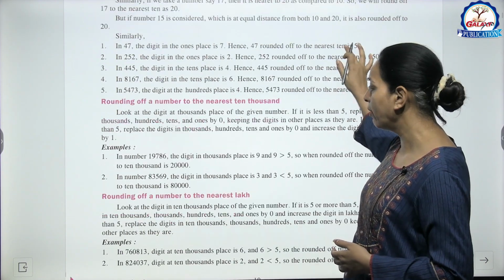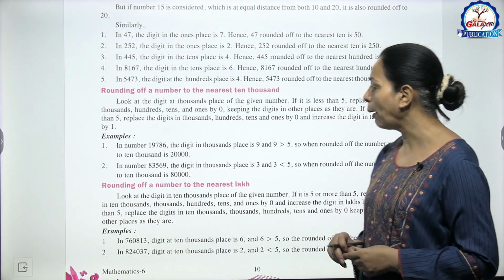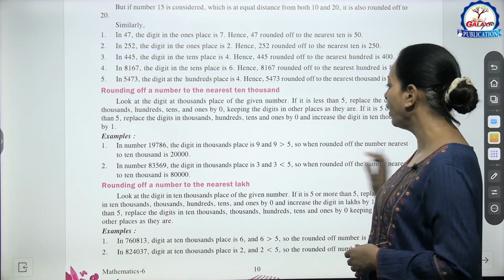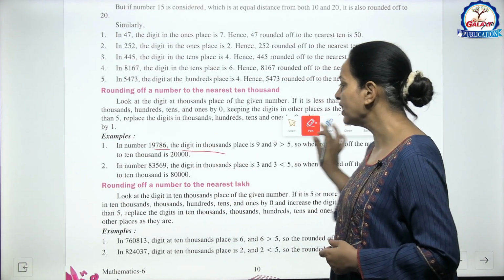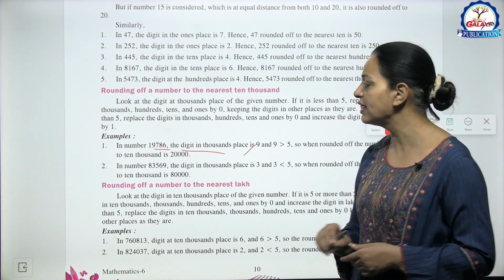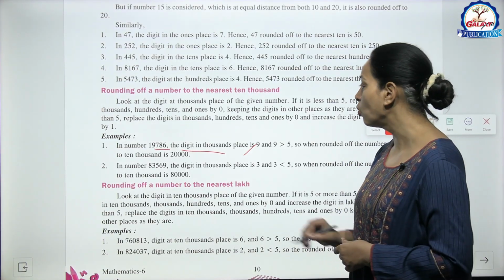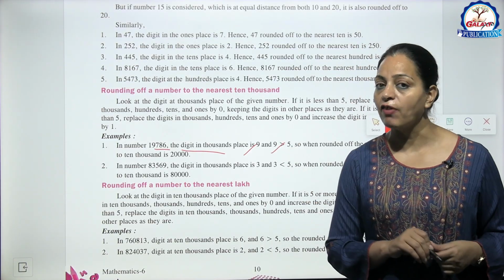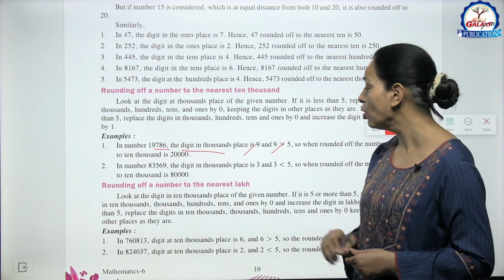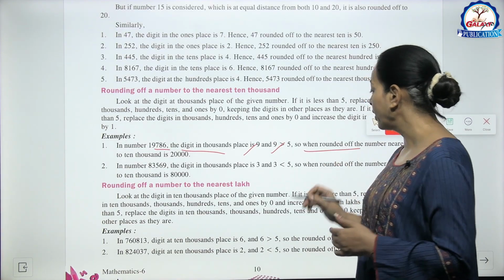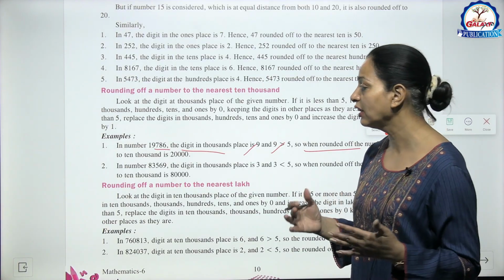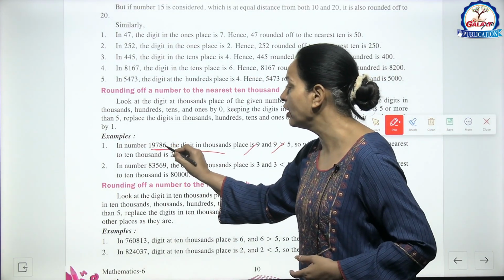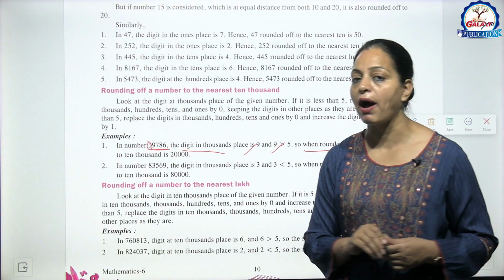So like here example 1, in number 19,786, the digit in thousand place is 9. So 9 is greater than 5. It means what to do? हम क्या करेंगे? जब हम करेंगे rounded off to nearest 10,000, we will make it 0 and increase this one by 2.